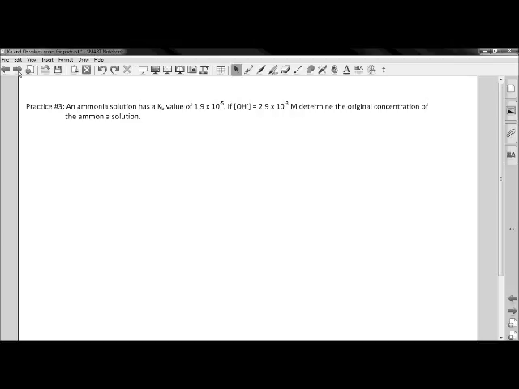So first thing we need, let's write down our formula. Ammonia is NH3. And our lovely ammonia is going to get into some water. The NH3, which is dissolving, plus H2O.